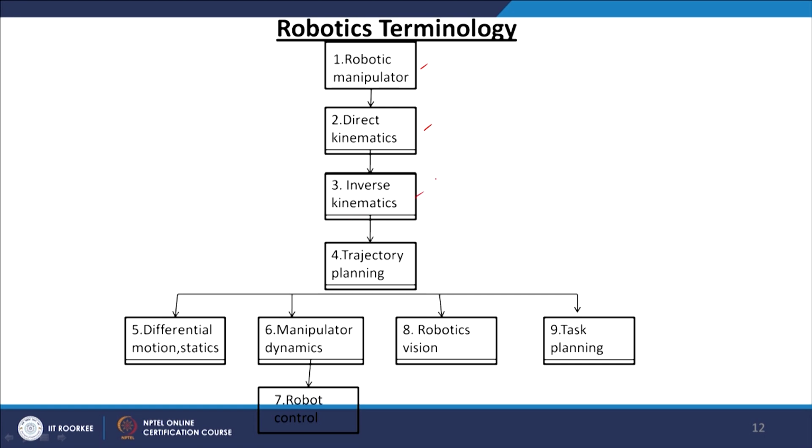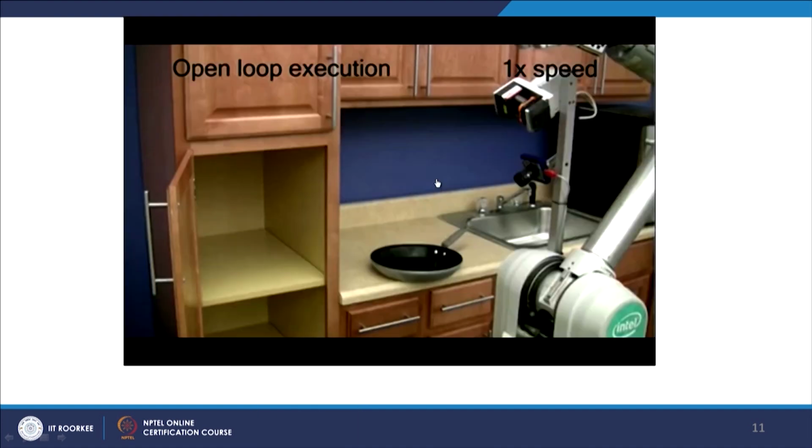Inverse kinematics represents how much angle of rotation is required at each joint for performing a particular task. So, the calculation of the angles of rotation at each joint for performing a particular task is called the inverse kinematics problem.